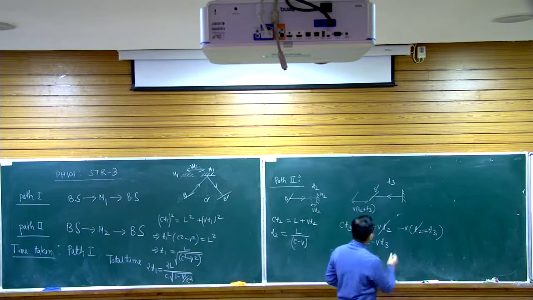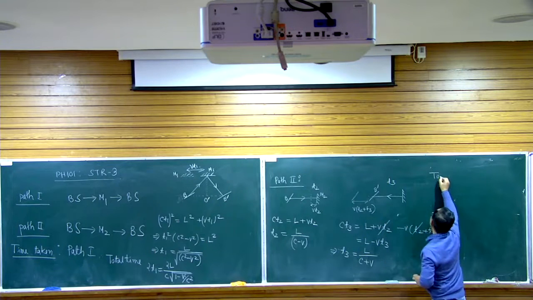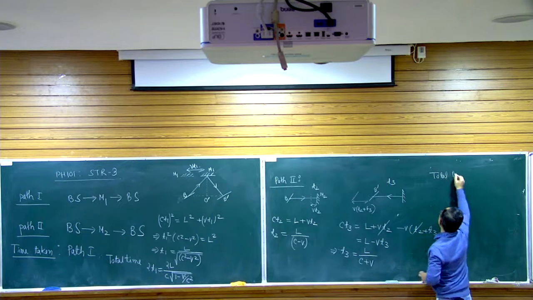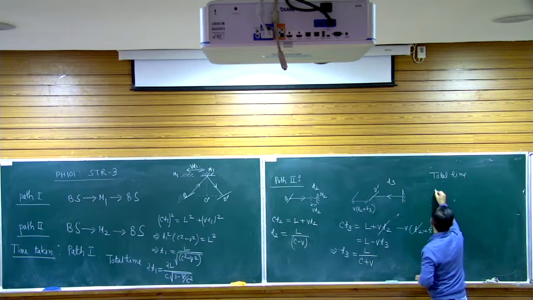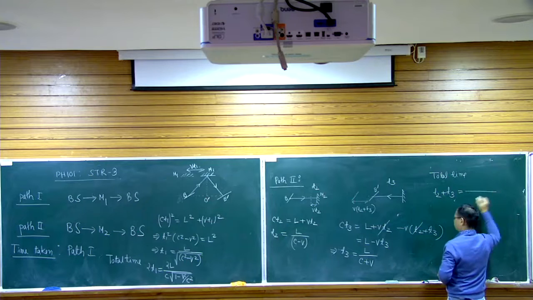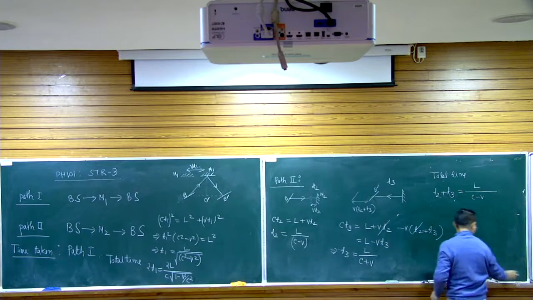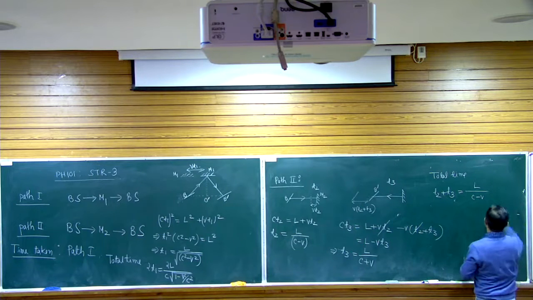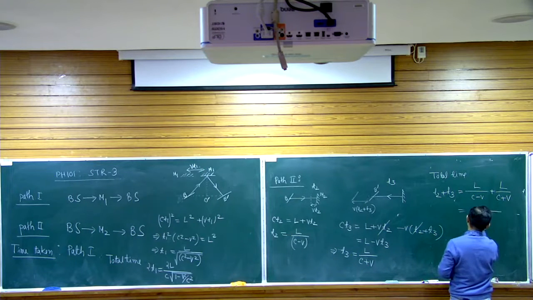So the total time along path 2 is T2 plus T3. When you add L by C minus V plus L by C plus V, this gives you 2CL divided by C square minus V square.